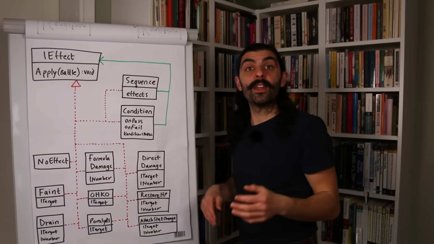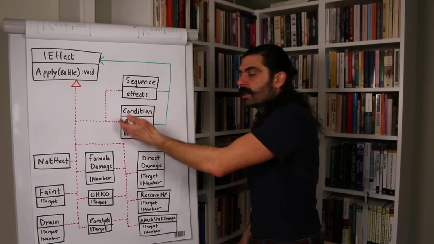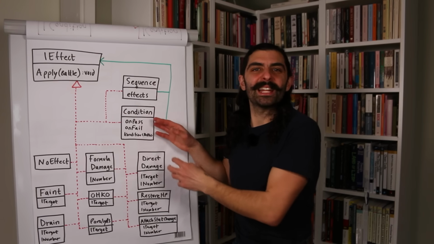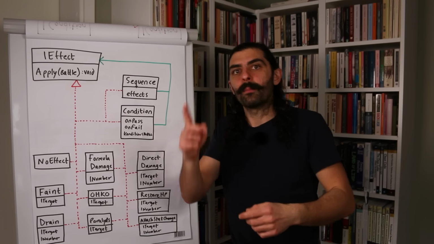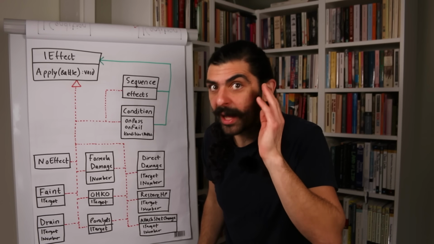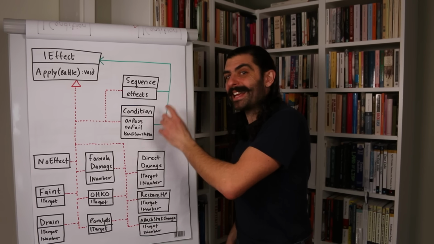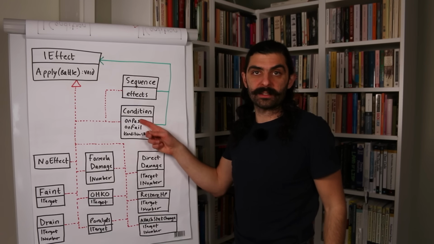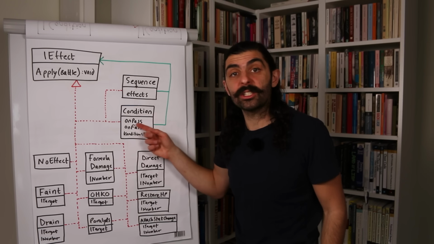Back to effects. Another example where we can see effect strategies in action is in the condition effect. This is a particularly interesting case because the condition type is not just a context, but also a strategy itself. Sounds like composite pattern, anyone? We'll get back to this in a moment. The condition type takes 2 iEffect objects, one for when the condition passes and one for when the condition fails.